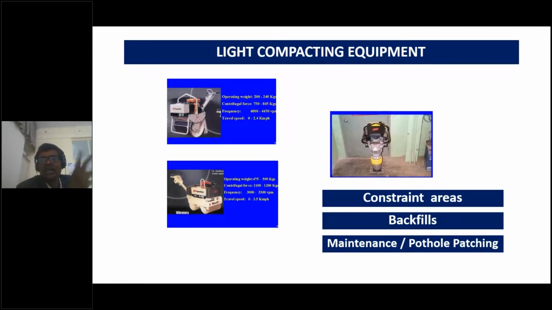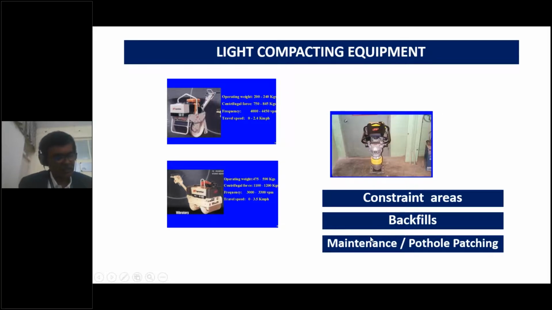We can automatically tell this is a bridge site or a culvert site, or even in backfill you find settlement. Why? Because we do not use appropriate compacting equipment. So small compactors or handheld rollers are very important for compacting the backfill.